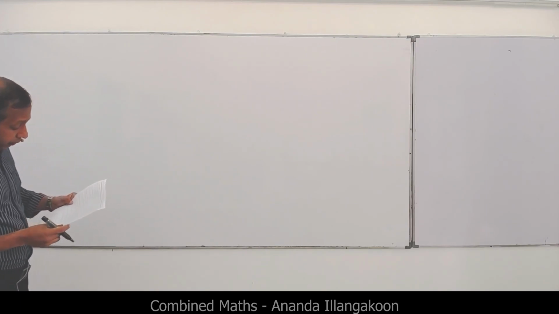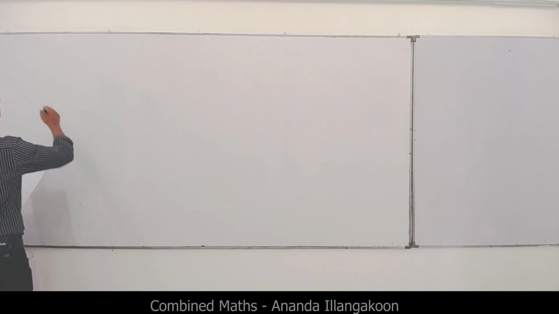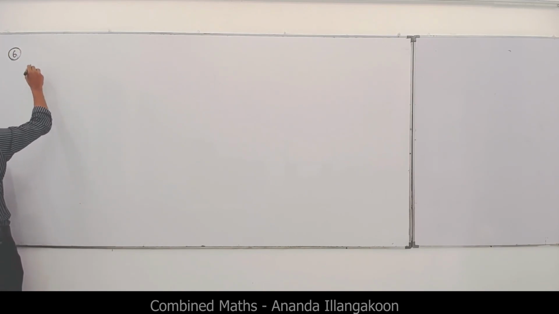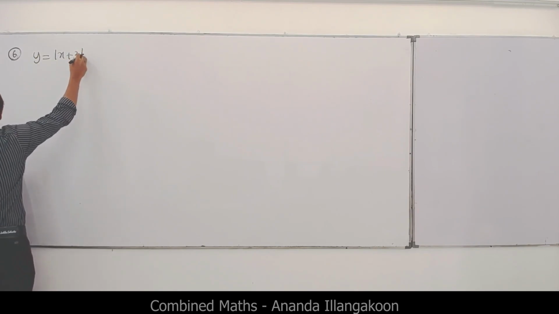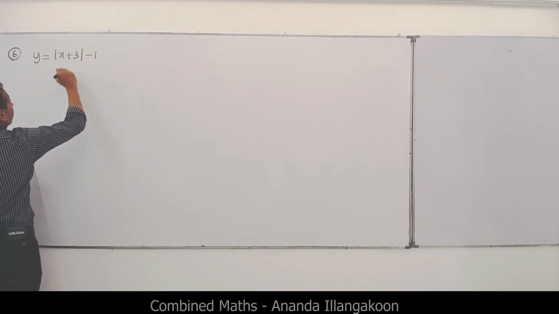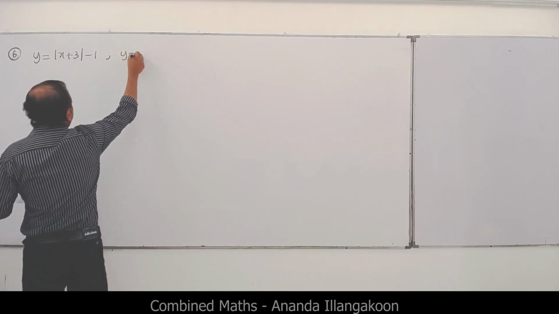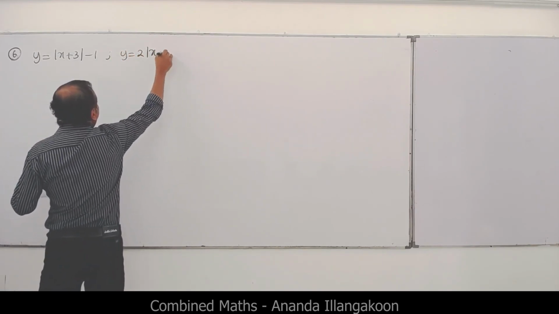Mod x plus 3 minus 1, number 6. And the second function, y equals 2 times mod x minus 3.